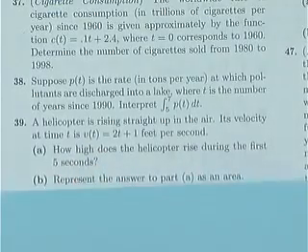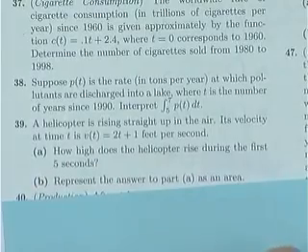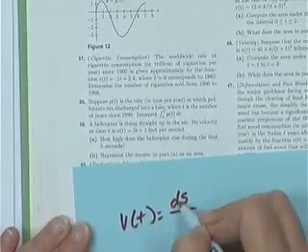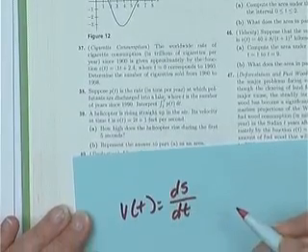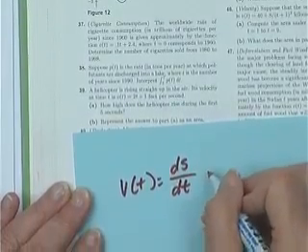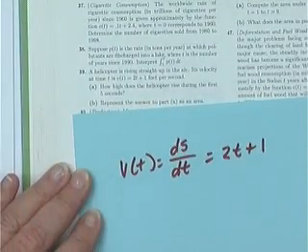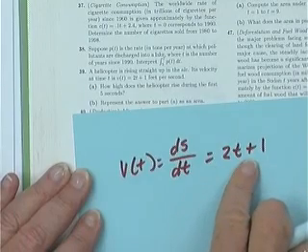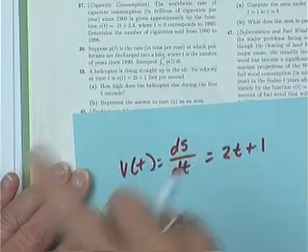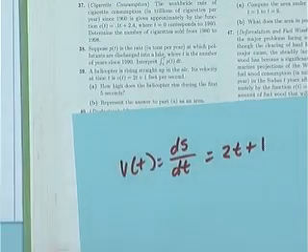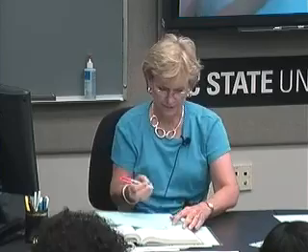All right, so two ways we might want to look at this. V of t is really, if s is distance, change in distance over change in time, and that is equal to 2t plus 1, right? And if I anti-differentiate velocity, remember I took the derivative of the distance function to get to it, so anti-differentiating will give me distance.